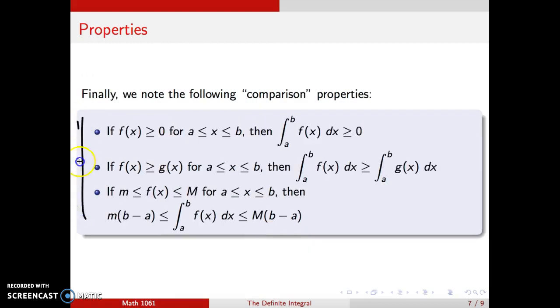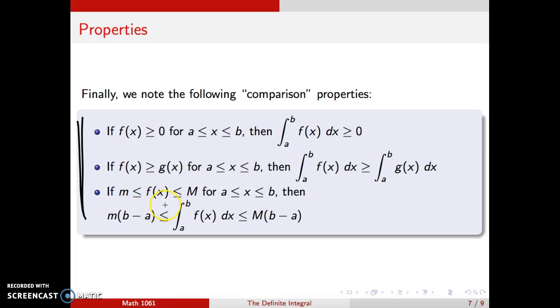Finally, we've got a couple of comparison properties. These ones we won't walk through as closely. But if f is non-negative, then the definite integral is going to be non-negative. If f is bigger than g for x in that interval, then the definite integral of f is going to be bigger than the definite integral of g. So you get that preservation there. And then really, this is just an application of the previous one. So you can think of capital M as a constant function, look back at the previous one.